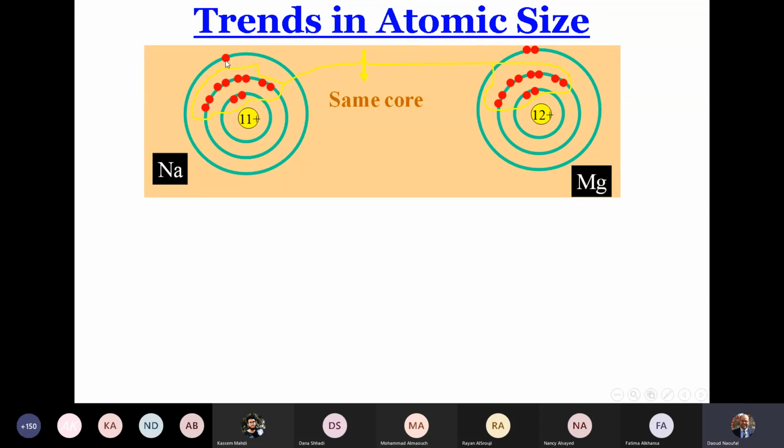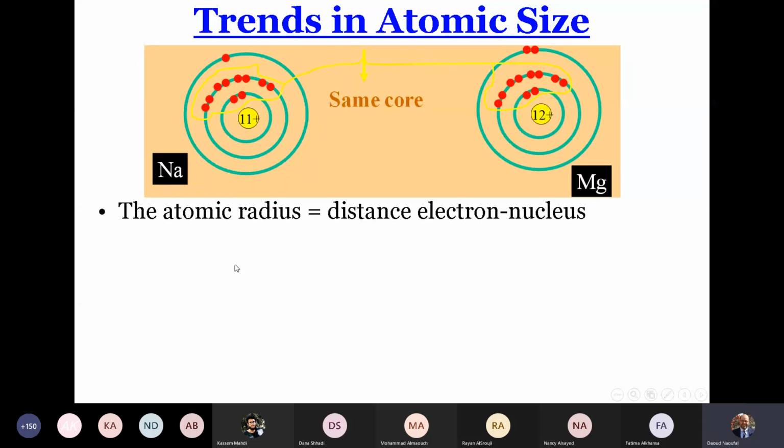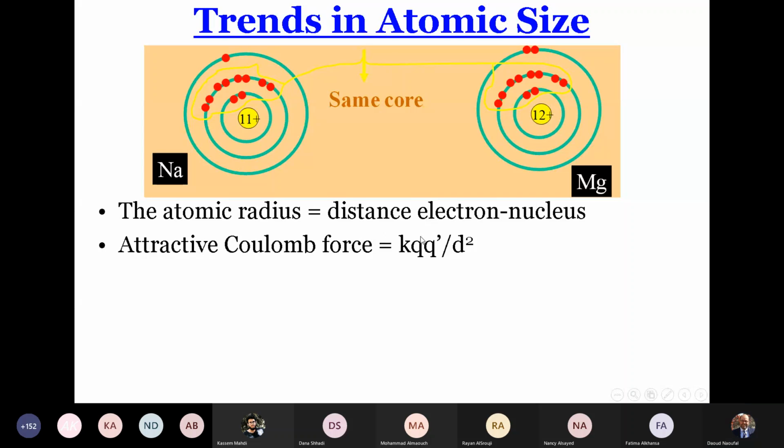But I ask, what are the forces that affect the valence electron in sodium? And the same question for the 2 electrons in magnesium. The valence electron in sodium is subjected to the Coulomb attraction force F equal K times Q, which is the charge of the nucleus, 11, times Q prime, which is 1, divided by the distance squared between the nucleus and the valence electron.